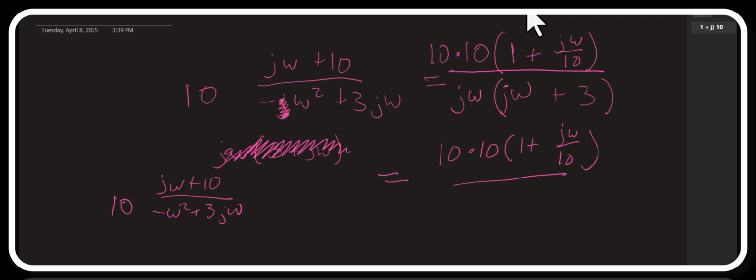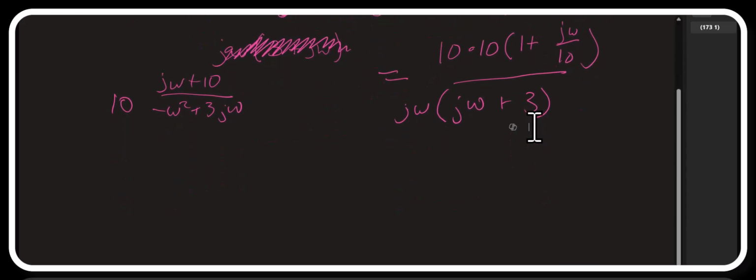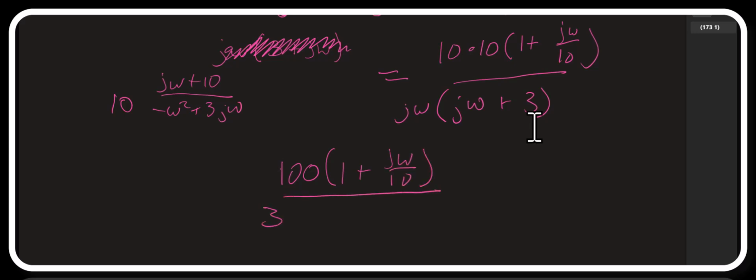In the bottom, if I factor out a j omega, then when you divide -1 by j, you get j. So this leaves me with j omega plus 3. But now I need to get that 3 out of there. So now I'll have 100 times 1 plus j omega over 10 over 3 j omega times 1 plus j omega over 3.